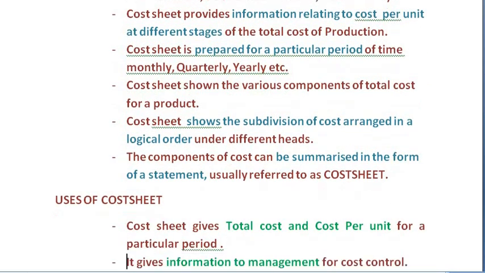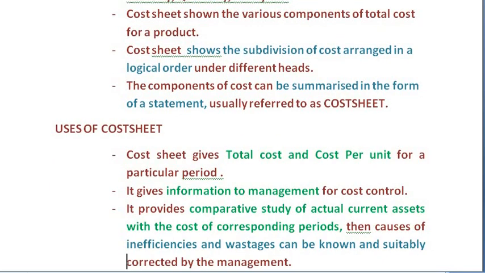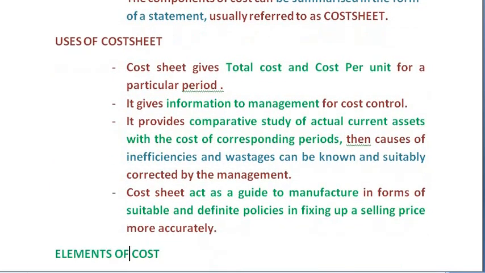The next one, we are going to see what the uses of a cost sheet are. The first usage: we are able to find out the total cost involved for a single product as well as for the total product. It is also helpful to control the cost, to compare your actual cost with your planned one, and to compare your current year cost with your previous year cost.